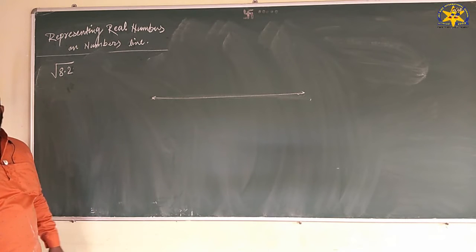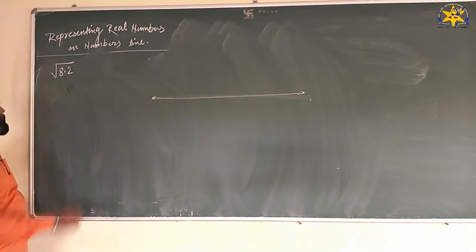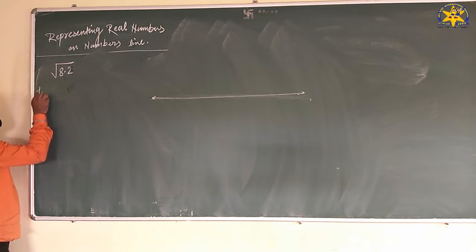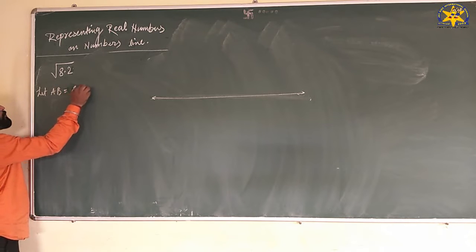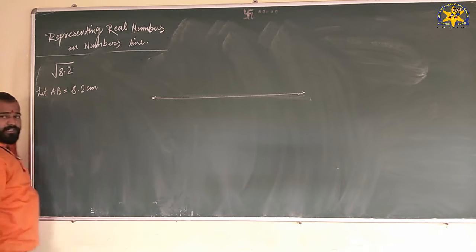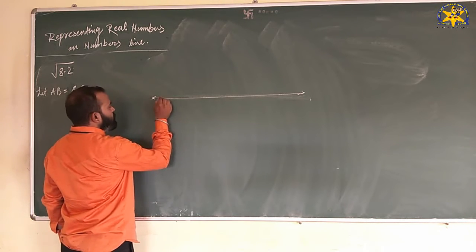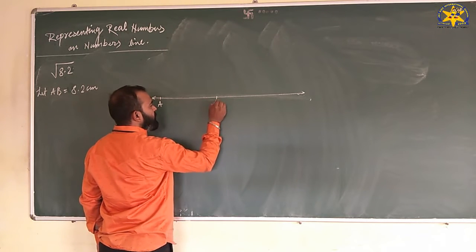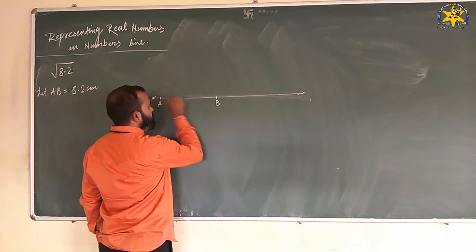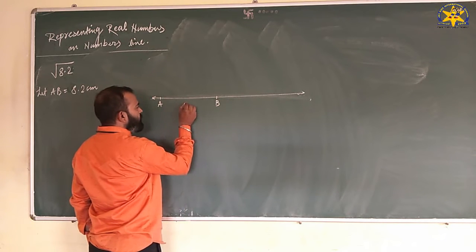Take a distance of 8.2 centimeters. Let AB be equal to 8.2 centimeters. I have taken it here; you can take a unit also. So A, suppose here B is. It is 8.2 centimeters.